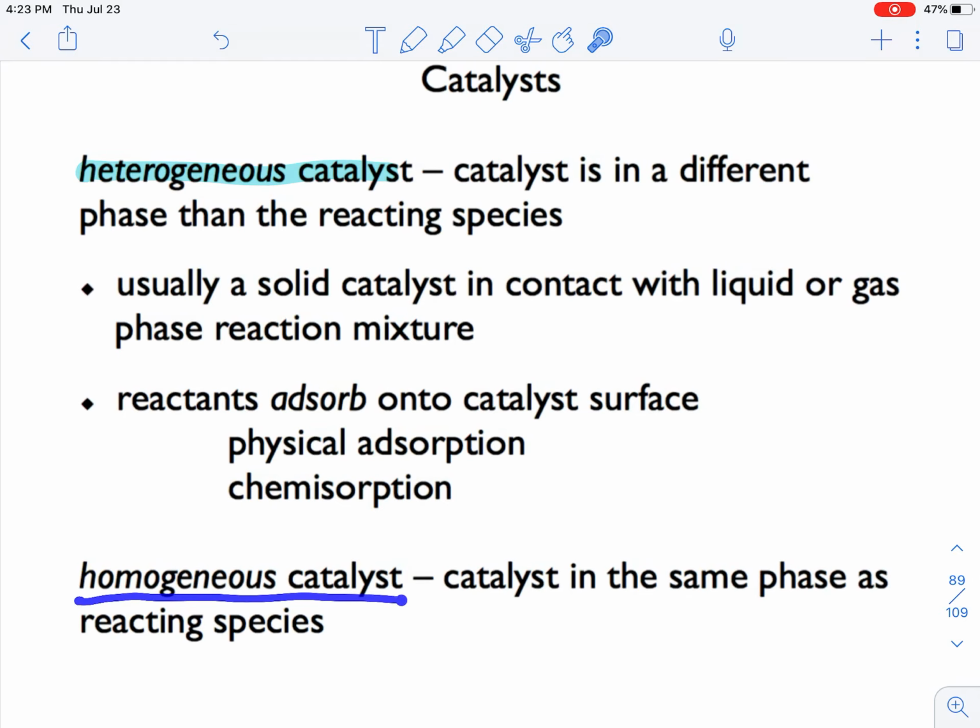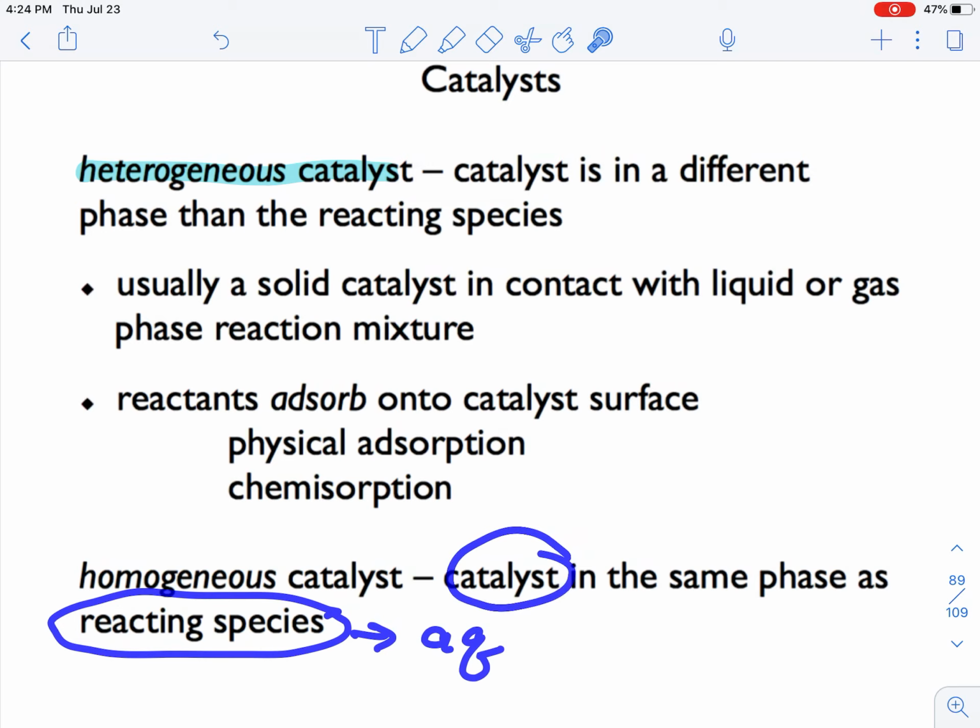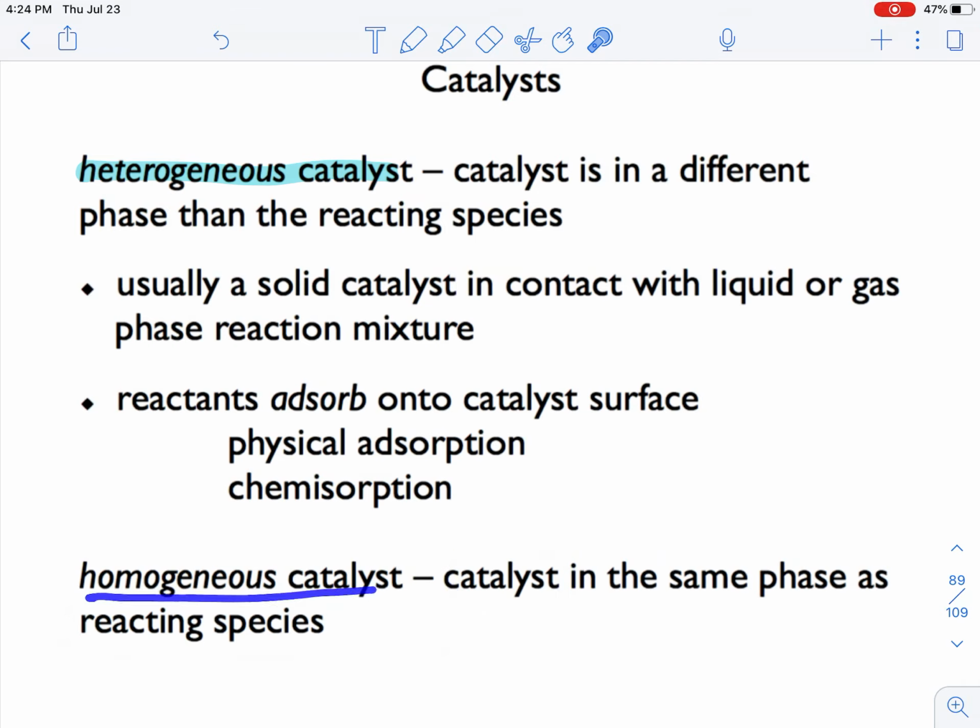A homogeneous catalyst is basically one where the catalyst is in the same phase as the reacting species. For example, if the reacting species is aqueous in phase, then the catalyst will also be aqueous in phase. And that allows us to label that catalyst a homogeneous catalyst.